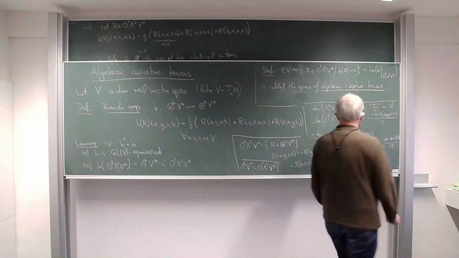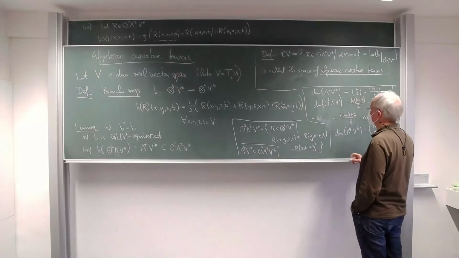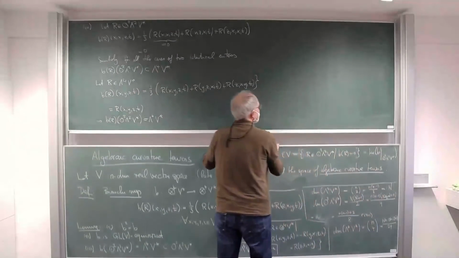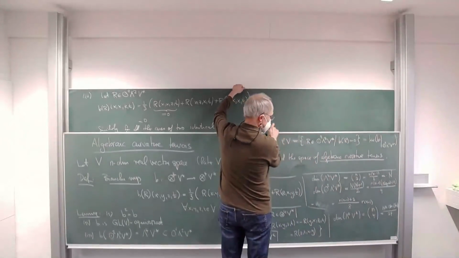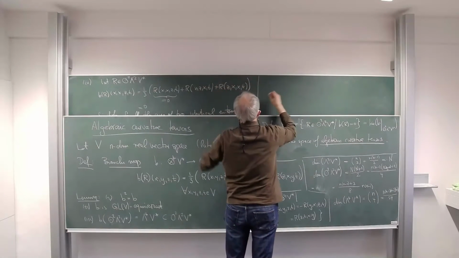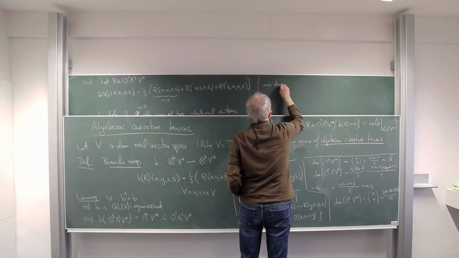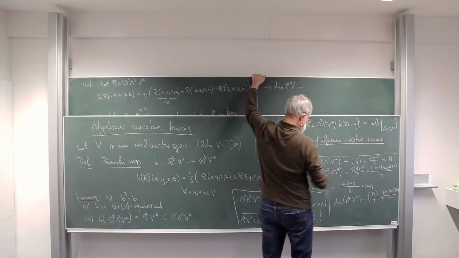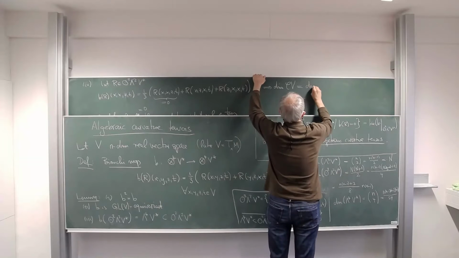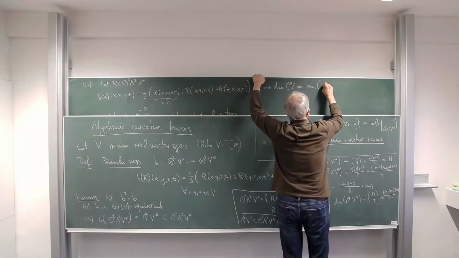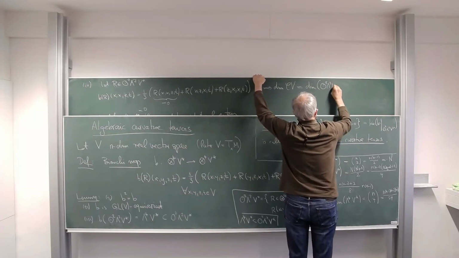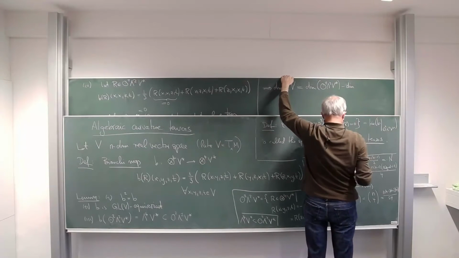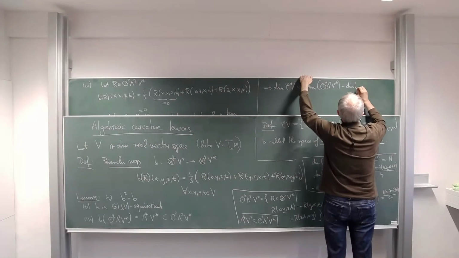Okay, so let's compute the difference. Therefore, the dimension of my space of algebraic curvature tensors is the difference. That is the dimension of the whole space in which it lies, minus the dimension of the image of the projection, which we are looking at.